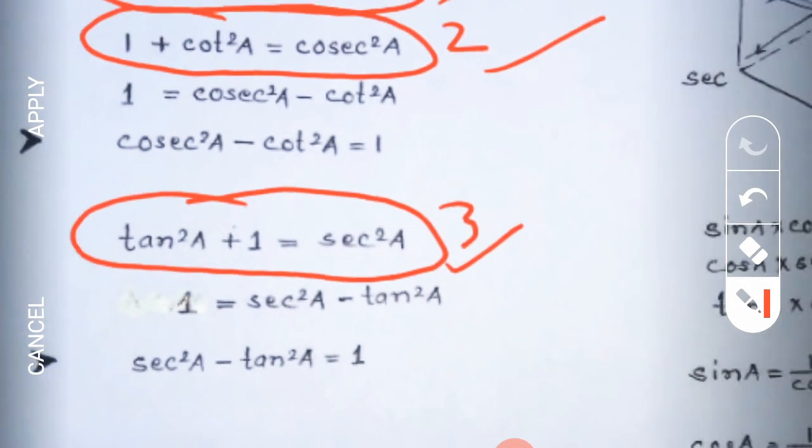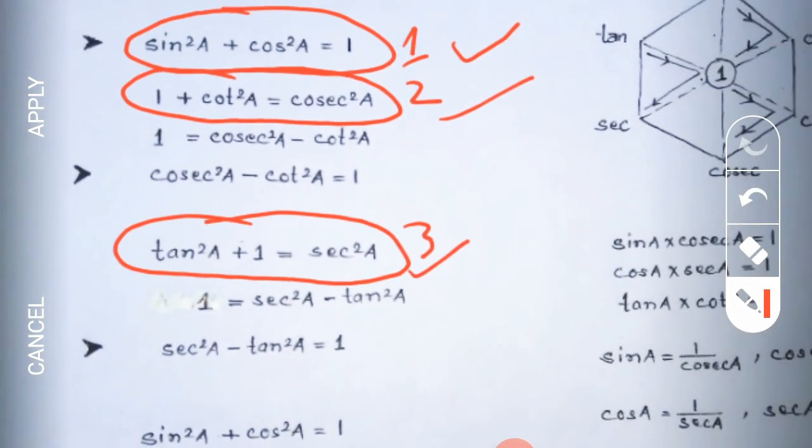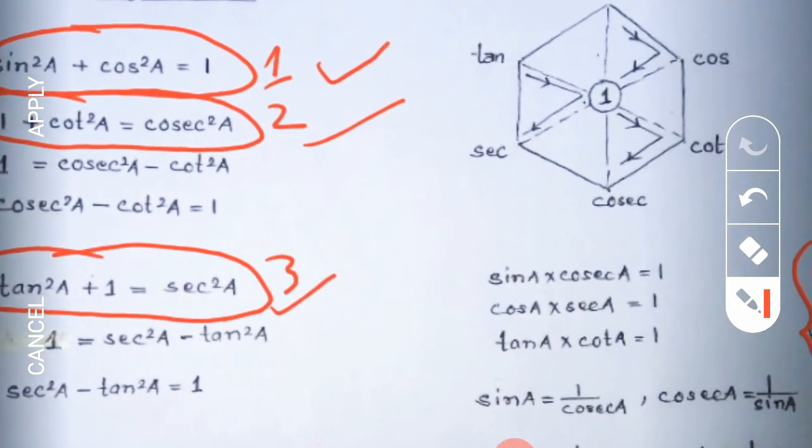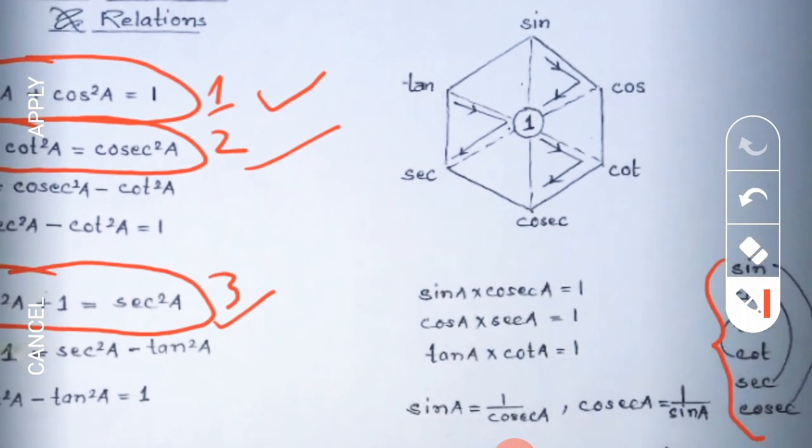For class 10 level, you need to keep only these 3 identities. But remember, many more trigonometric identities are there, and you are going to get them in higher classes, that is in class 11 or class 12 level. So for class 10 level, only these identities and relations are enough, I hope.